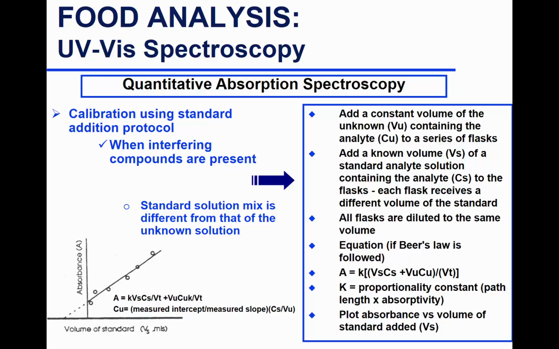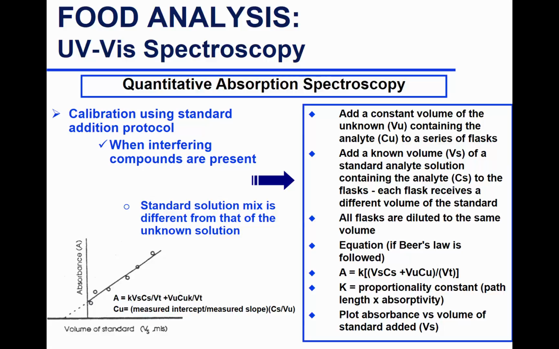Then you have your standard. Let's say, I'm going to say glucose, just for simplicity, you have a 100 parts per million glucose solution. So here you put 5 ml of standard.